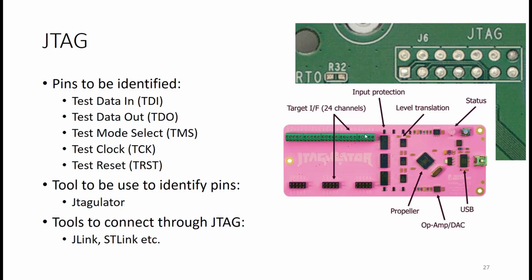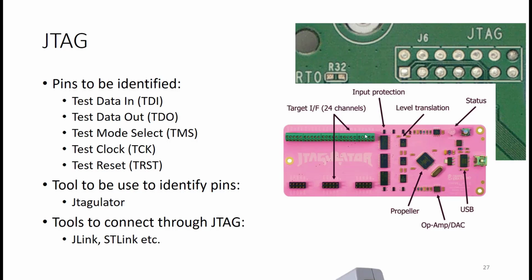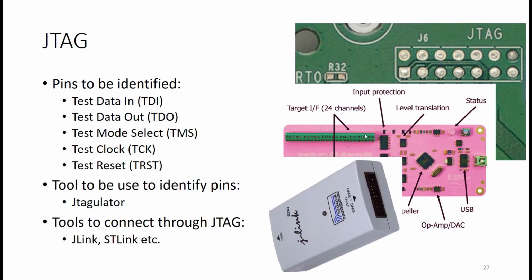Once you identify all the pinouts, you need programmers to read the data out of it. For that we have the most common programmers like J-Link or ST-Link, especially for ST devices.